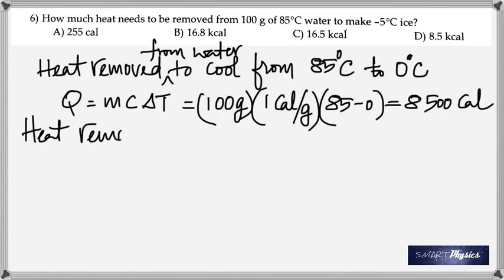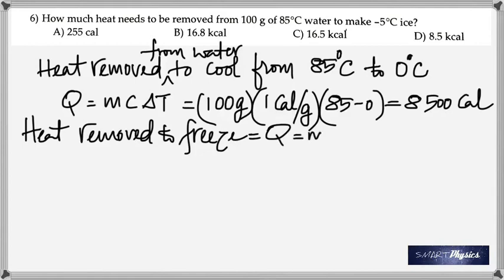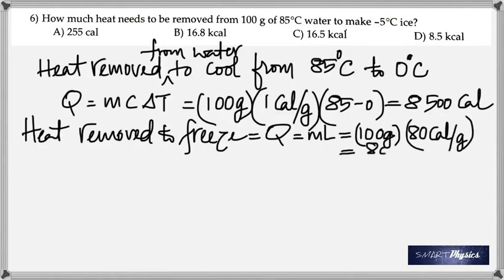Next, heat removed to convert water into ice, which is Q is equal to M times L. Mass is 100 grams and latent heat of ice is 80 calories per gram, which gives 8000 calories.